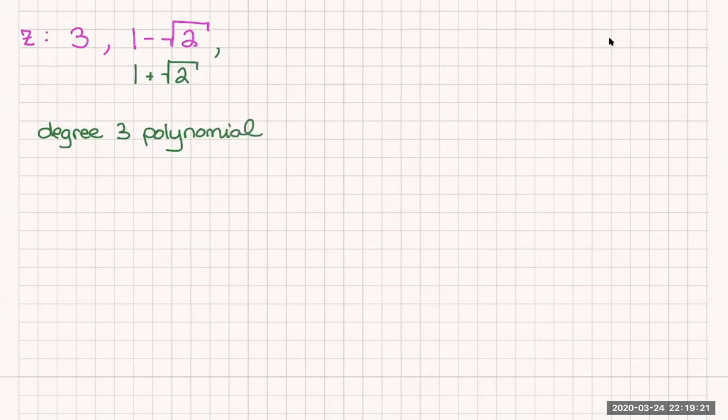Now, how do I use this to find the actual equation? Well, I know these are the zeros. The factors are x minus 3, x minus 1 minus root 2, and x minus 1 plus root 2.